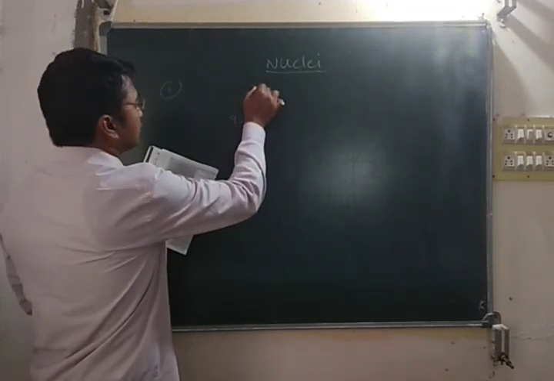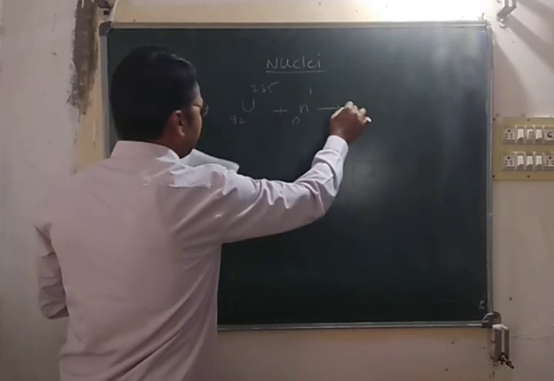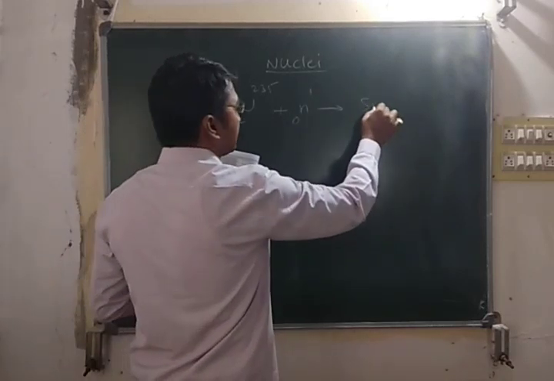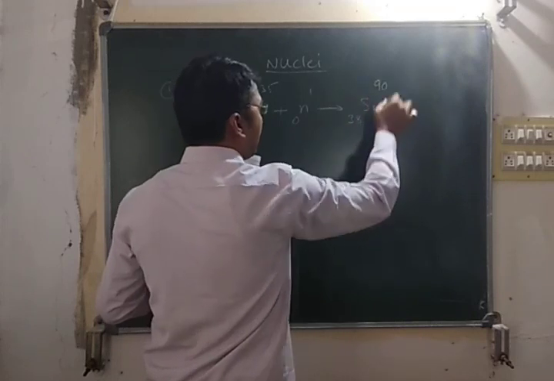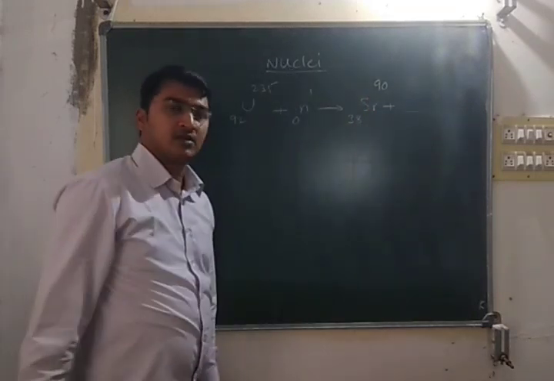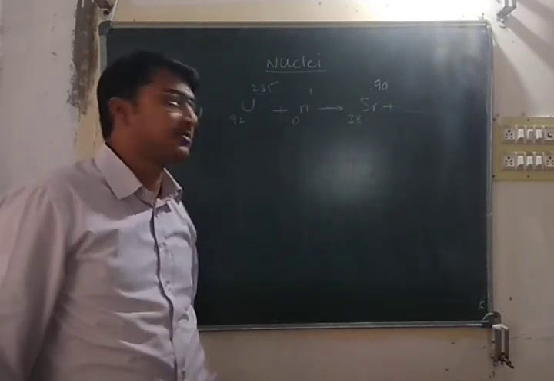Uranium 92-235 is bombarded with a neutron, giving Sr 38-90 plus a blank.